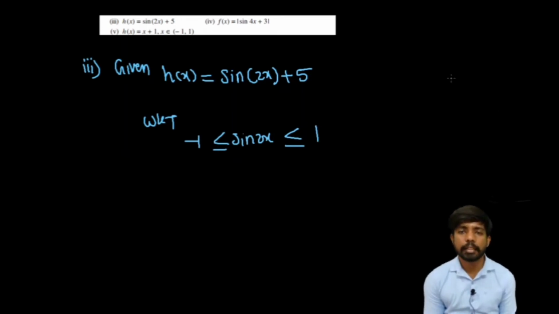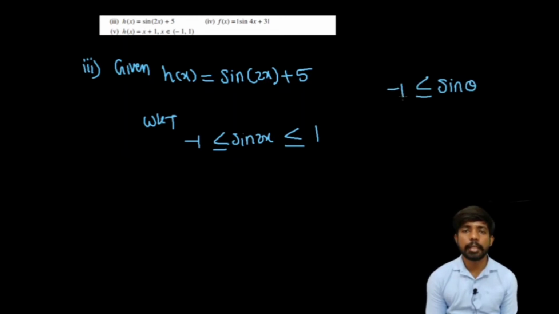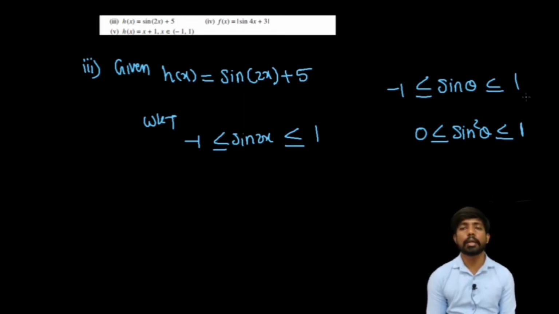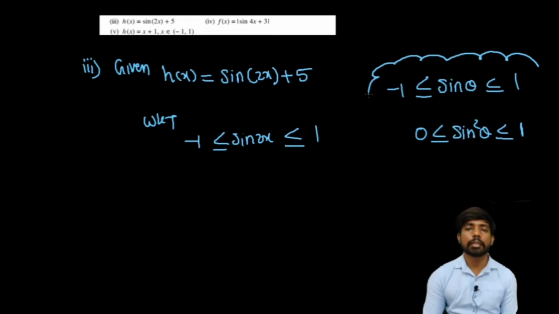See carefully, guys: sine theta always lies from minus 1 to plus 1, but sine square theta always lies from 0 to 1. Make a note of it.